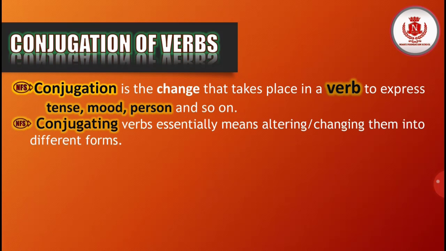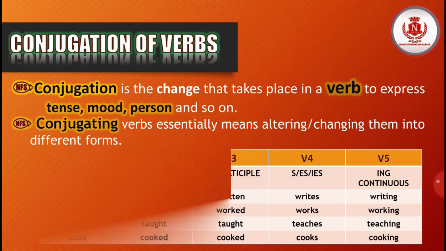Conjugating verbs essentially means altering or changing them into different forms. When we conjugate verbs, we change the verb into another form in order to make sense. It depends on the situation or the time as well.